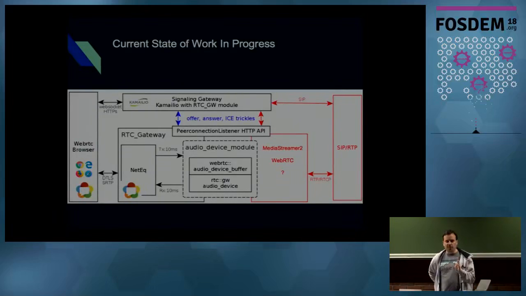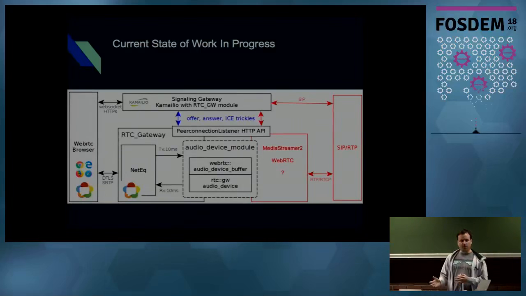I chose to use SIP because if the WebRTC gateway is supposed to gateway to SIP, maybe it's less complicated to use SIP on both sides. I don't know for sure yet, but I like Kamailio anyway, so I just wrote a little Kamailio module to manage the SIP, extract the body and send the request, the offer, to a peer connection listener.